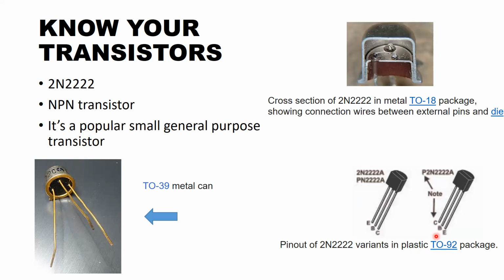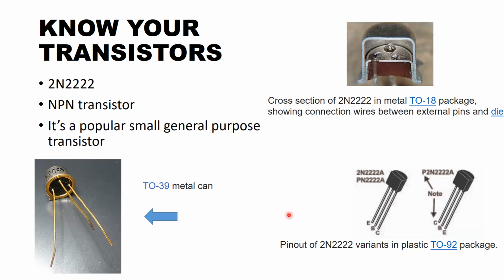So how to know this? You just type the number on Google, get the data sheet from the manufacturer, and get some information about it. So many manufacturers are there. To summarize, this is a very common general purpose low power amplifying or switching transistor.